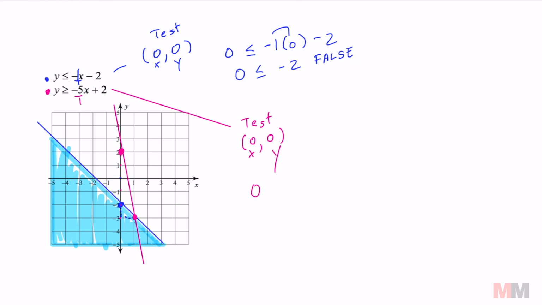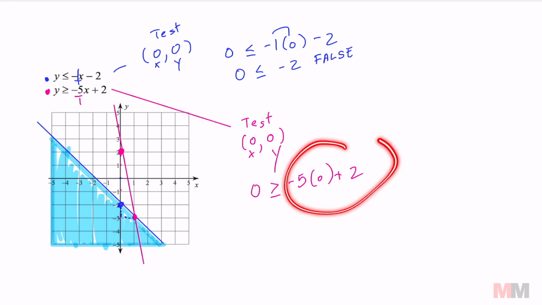Y is 0, so we're going to put that in, greater than or equal to -5 times 0 plus 2. Like, you could do this in your head. -5 times 0 is 0 plus 2. You're left with a +2. So that statement is saying 0 is greater than or equal to 2, which is false. That is false. No, sir.